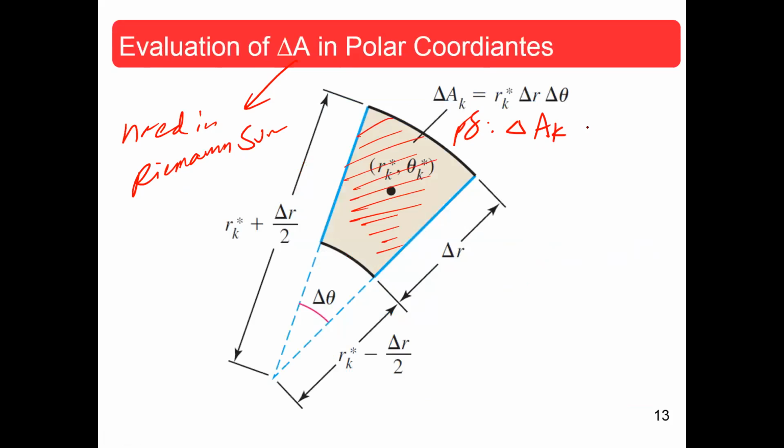Okay, so delta A_k could be computed by the subtraction of two regions. Let me change my color here.